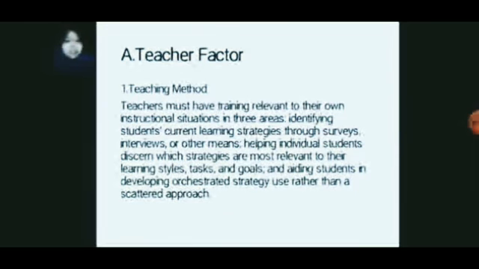Teacher factor. In the teacher factor, there is teaching method. Teachers must have training relevant to their own instructional situations in three areas.